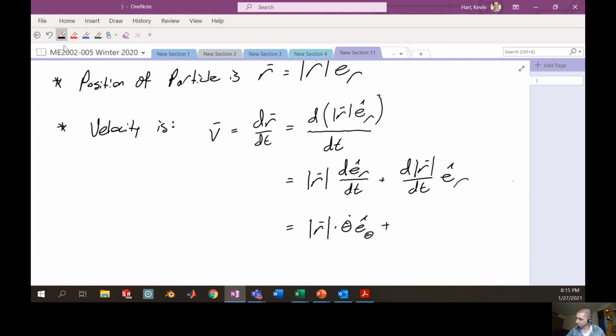So this represents the change in the particle's distance from the origin as time progresses. Common practice is to relabel this as r dot. So this is the time derivative of the length r, multiplied by e hat r.